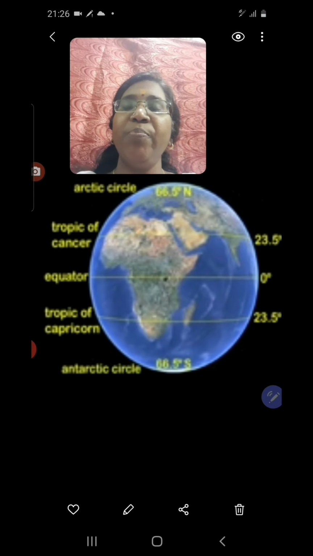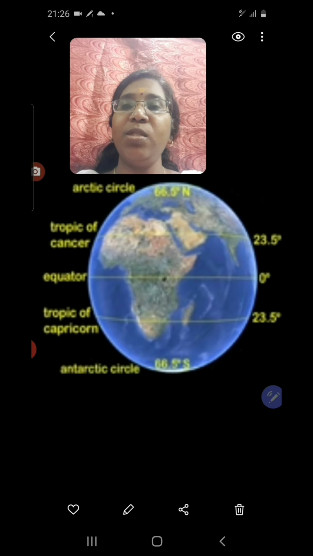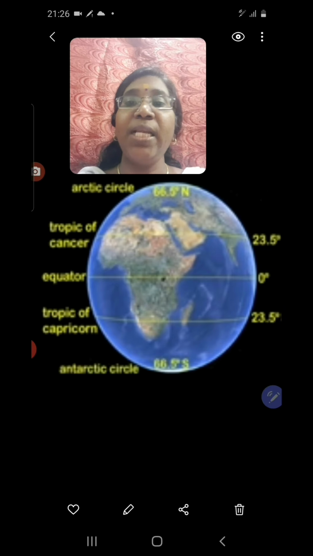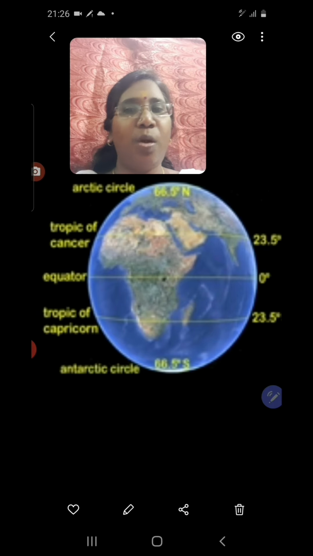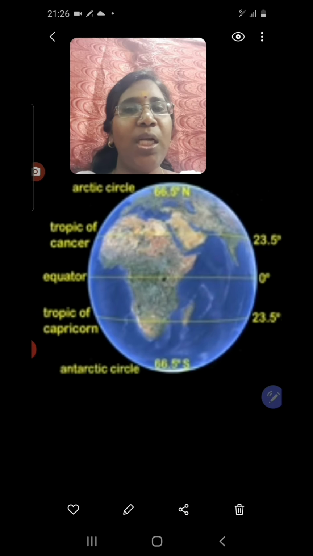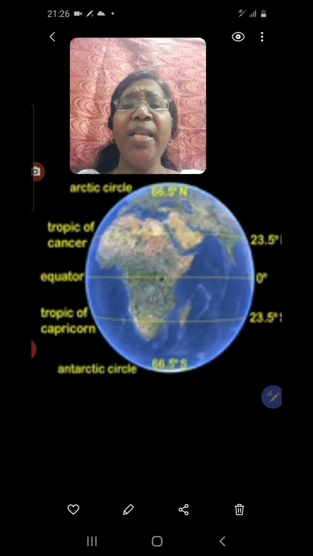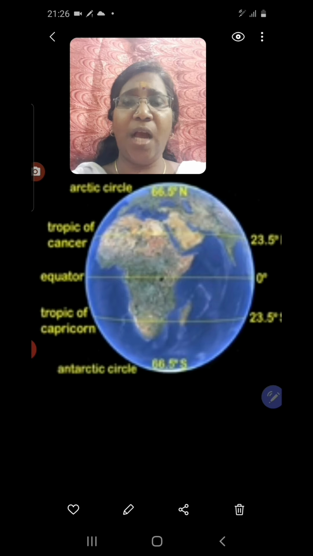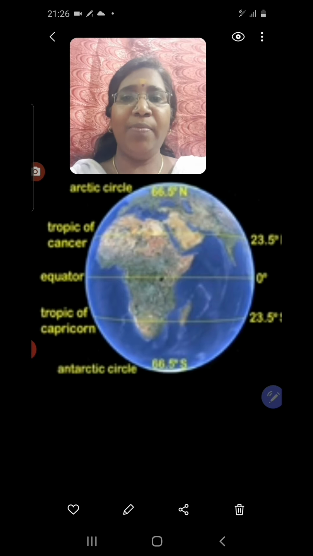Then comes the Arctic Circle at 66.5 degrees north, which means it is in the northern hemisphere. And the Antarctic Circle at 66.5 degrees south, which means the Antarctic Circle is in the southern hemisphere.